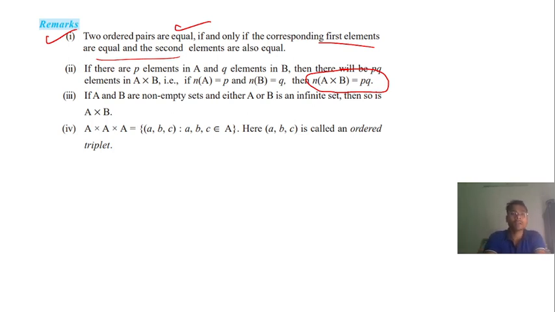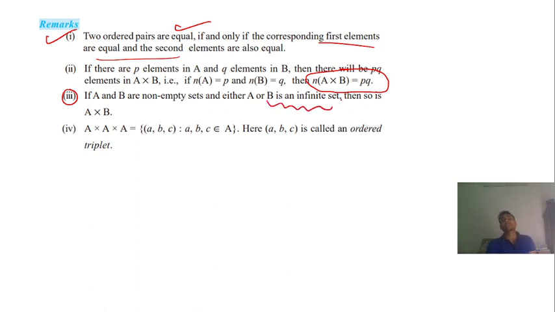Coming to point number 3 here, they are saying A and B are two non-empty sets, and either A or B is infinite, then A cross B is also an infinite set. Here they are defining an infinite set.